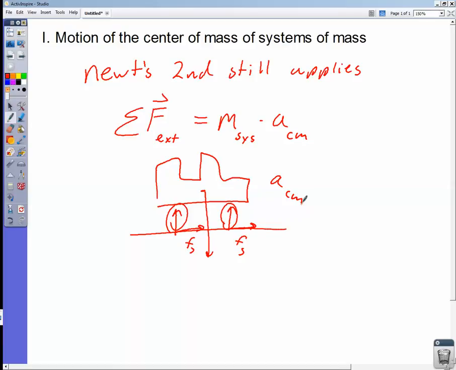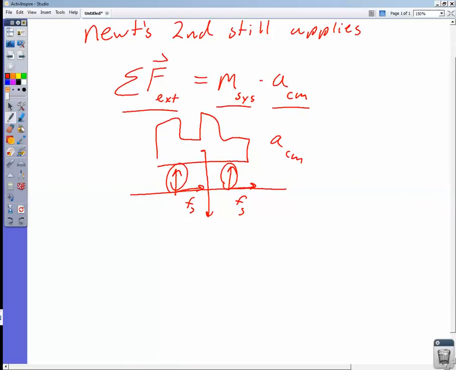Because like the tires are pushing up on the axles, which are pushing up on the car, and all sorts of these internal forces we totally ignore. So we have already been doing this. The sum of the external forces acting on the object is equal to the total mass of the system, in this case the total mass of the car, times the car's acceleration, or the center of mass's acceleration.